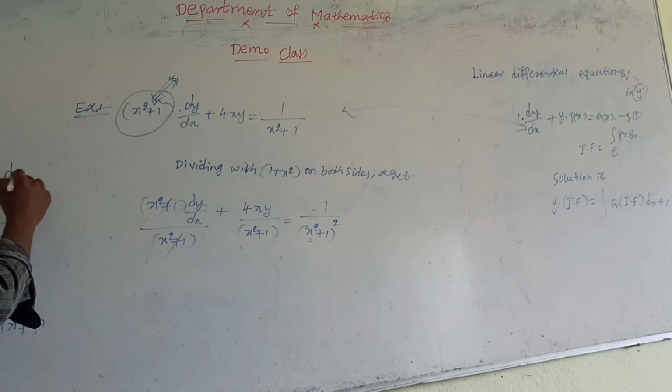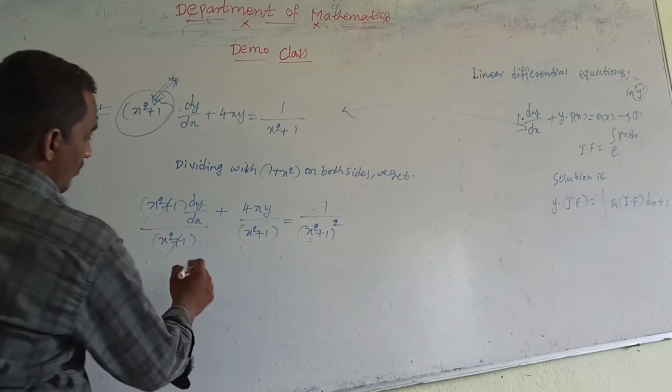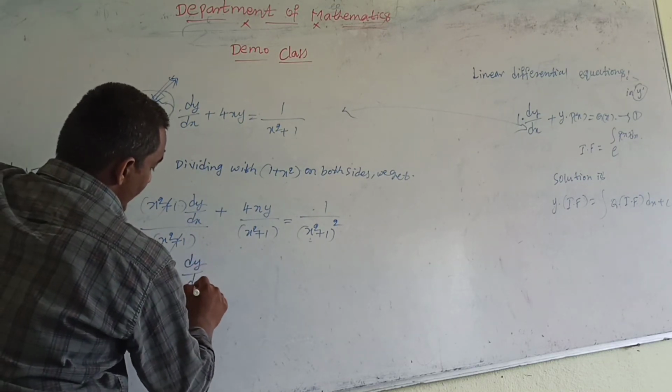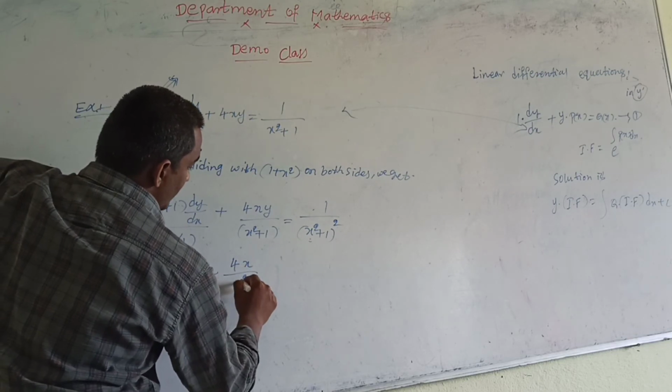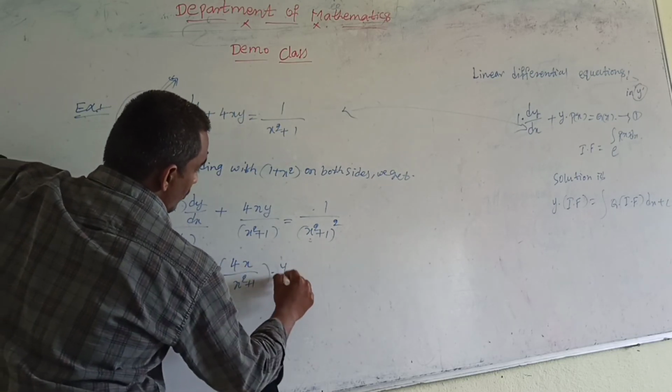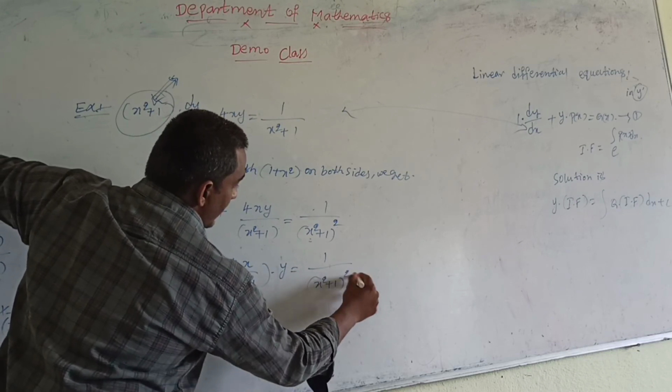Here in dy by dx, y is dependent on x and x is independent. So now we get dy by dx plus 4x by x square plus 1 into y is equal to 1 by x square plus 1 whole square.